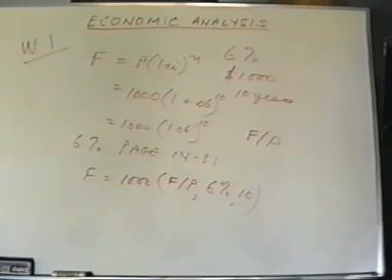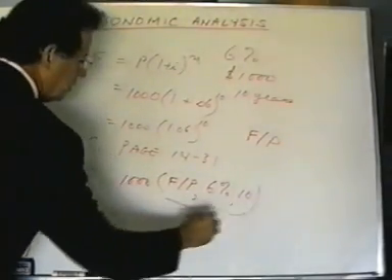So on page 1431, I find the column where n is equal to 10. Then I read across to the F over P column, which is about the 5th column over, and I get 1.7908.